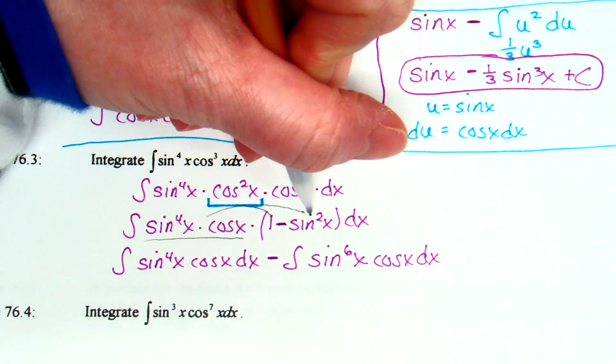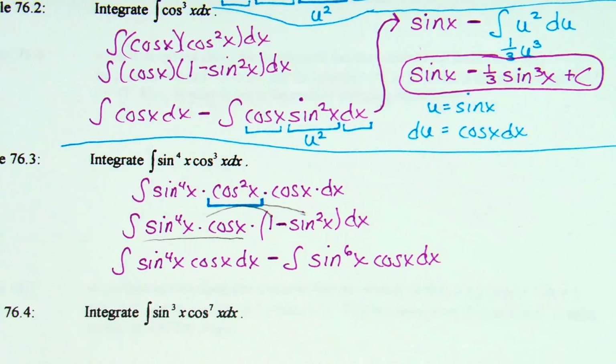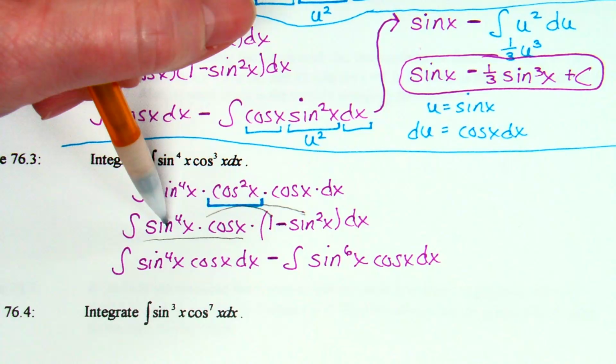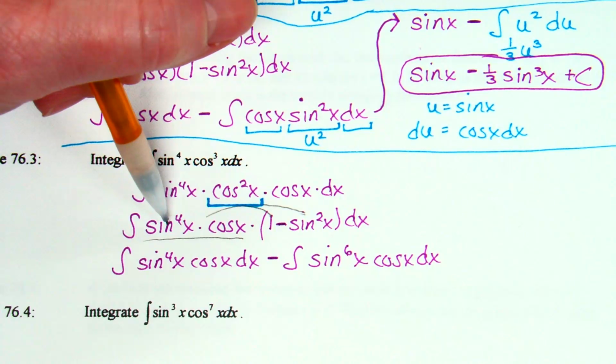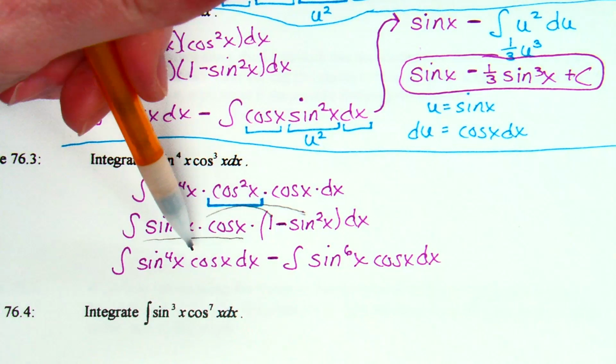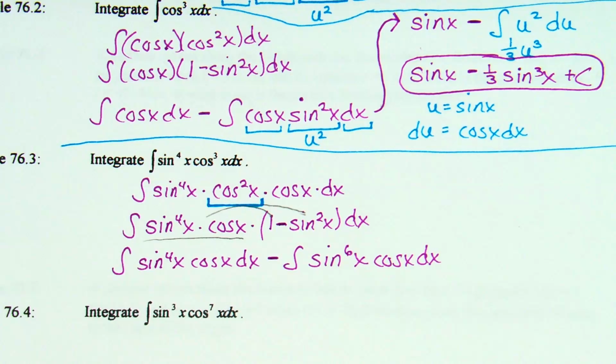If you're timesing it by 1, wouldn't it still go over there? Like sine to the fourth x cosine x minus sine to the sixth x cosine x. That is what I have. You split the derivative. Oh, I see what you're saying. You already split them. I was thinking you just brought that down and then you were timesing across. No, I'm sorry. I split the derivative the same. Maybe I shouldn't have here. I get it, but at first I was like, you didn't times it by 1. And I swear I have exactly what he just says, but he still has a confused look on his face. So I'm not sure where it's.